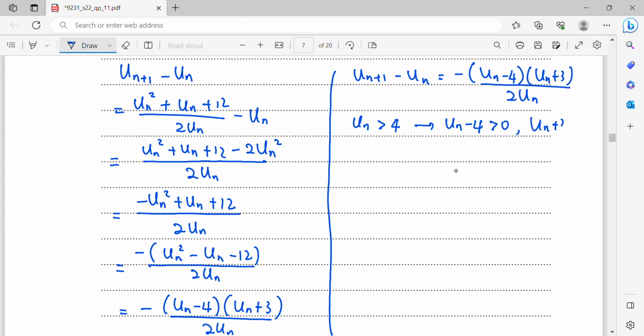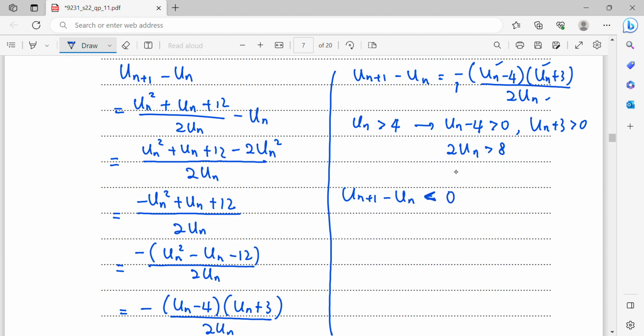Un plus 3 is also greater than 0. So 2un is greater than 8. So when you look at the whole expression right now, the numerators are positive, denominators also positive, but unfortunately there is a negative outside. So it means that it is less than 0. The whole value becomes negative.